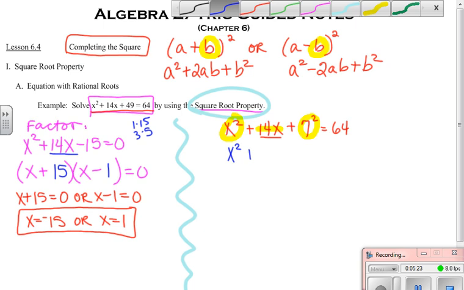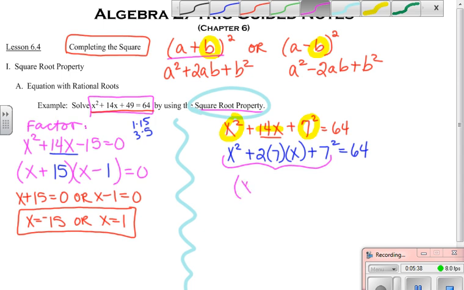Well, I certainly can write that as x squared plus 2 times 7 times x plus 7 squared equals 64. That means that this part here with the plus will factor into this pattern. It actually becomes x plus 7, the quantity squared. Notice I use just the bases, I don't include the powers, equals 64.